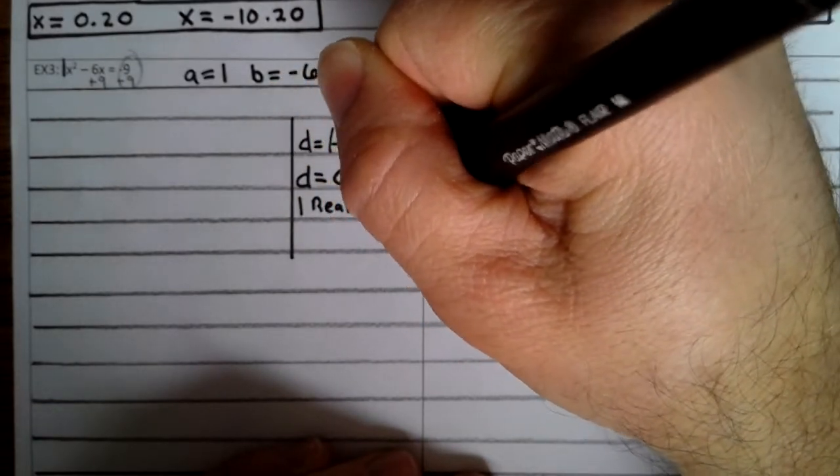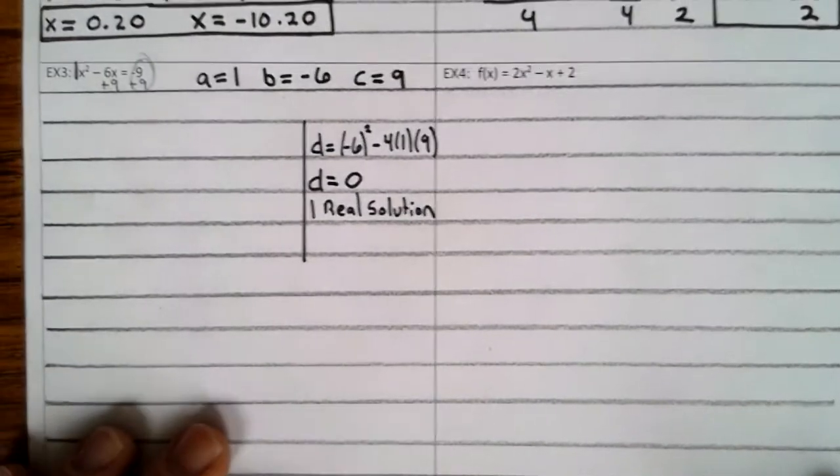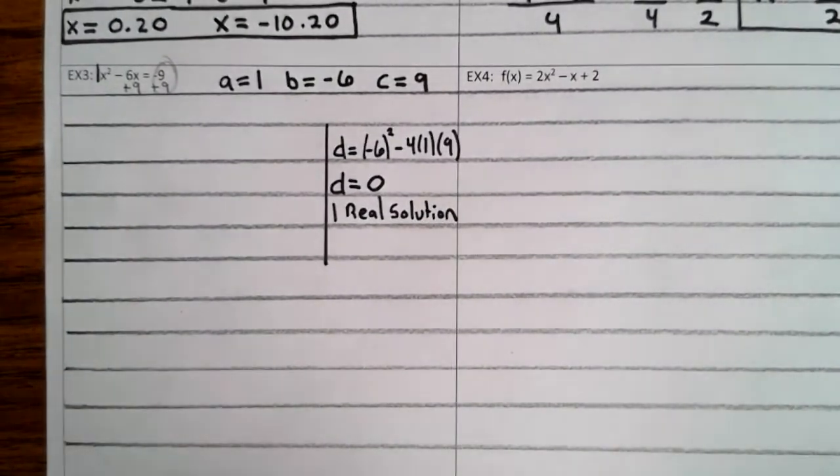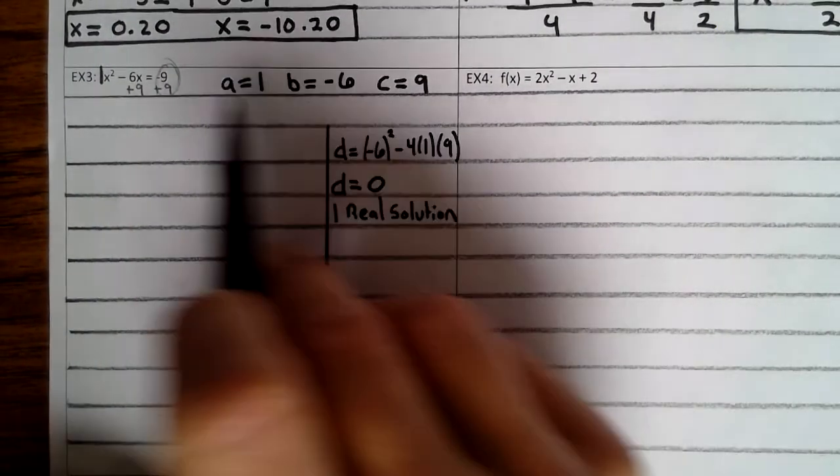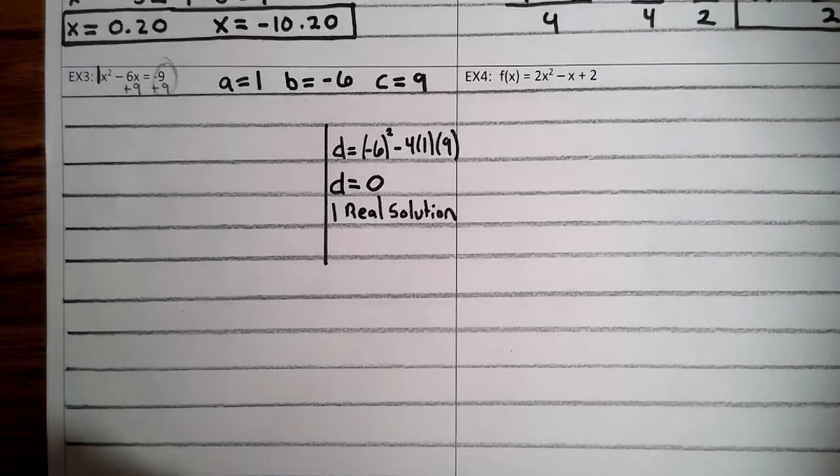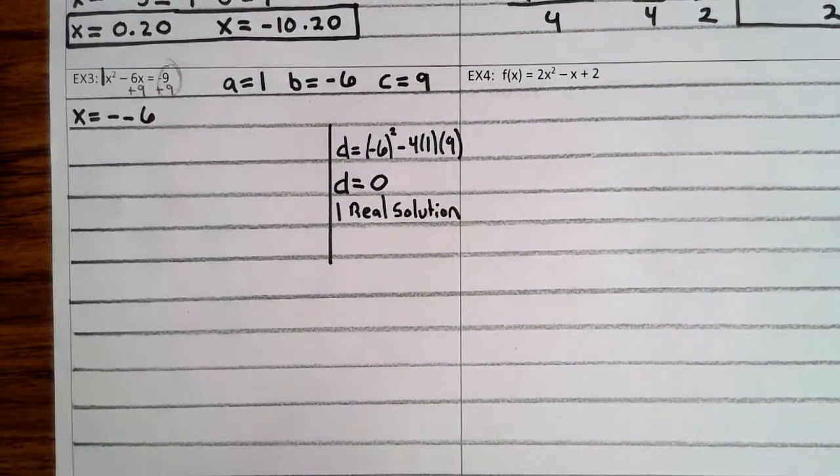Okay, so now we apply these values to the quadratic formula. So x equals -6 plus or minus the square root of, now you have to put a negative number in parentheses when you square it. So negative 6 squared minus 4 times 1 times 9.